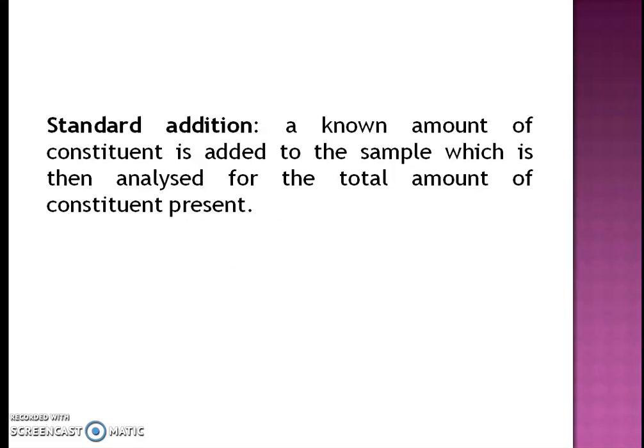Next is standard addition. Here a known amount of constituent is added to a sample, which is then analyzed for the total amount of constituent present. So here the sample is spiked with the standard in different concentrations.